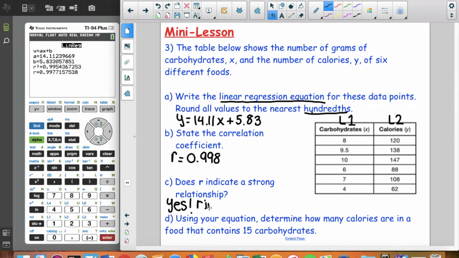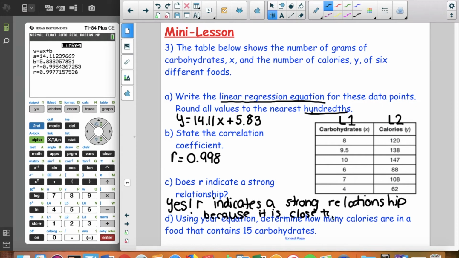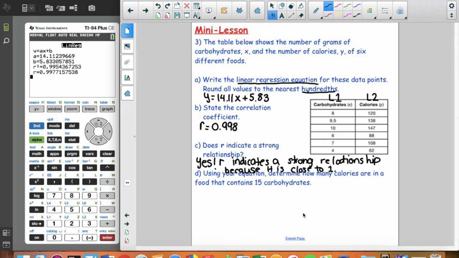Yes, R indicates a strong relationship because it is close to 1. Okay, it didn't say to explain, but I want to explain just because it's our first time really seeing a problem like this.